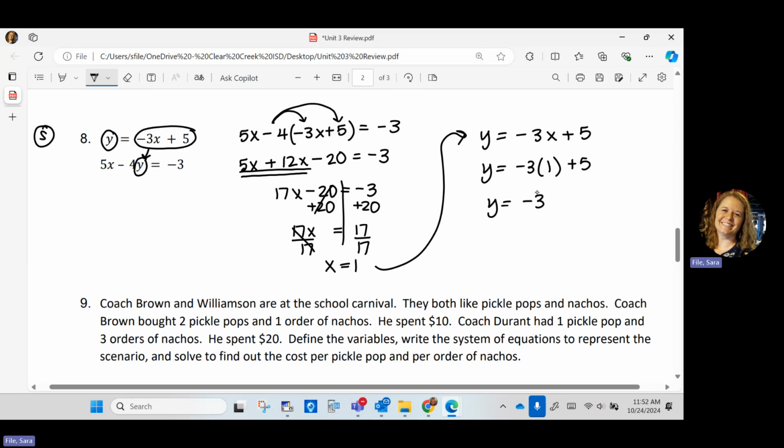So negative 3 times 1 is negative 3. Negative 3 plus 5 would be positive 2. So now I've got an x and a y, so I write my solution as 1, 2.